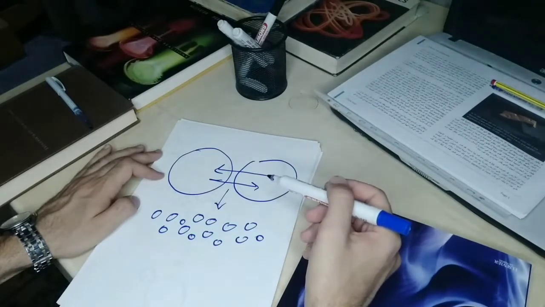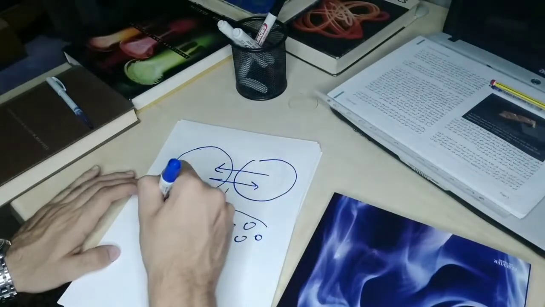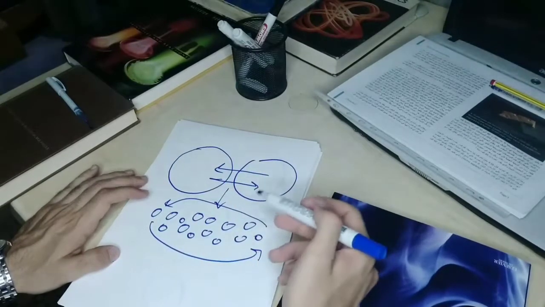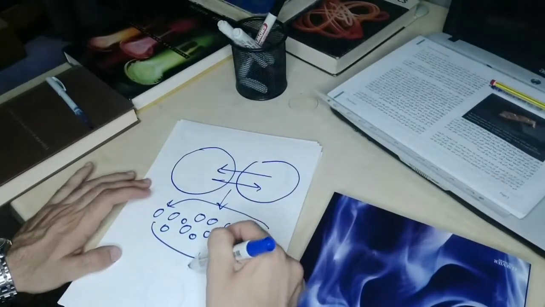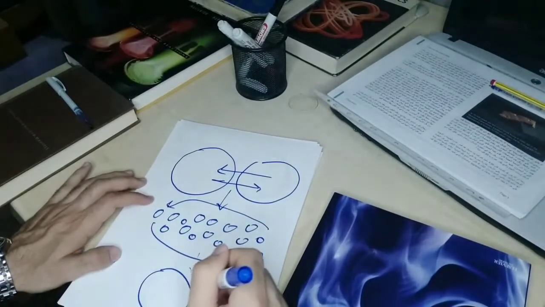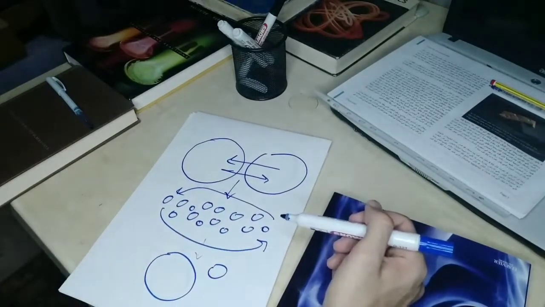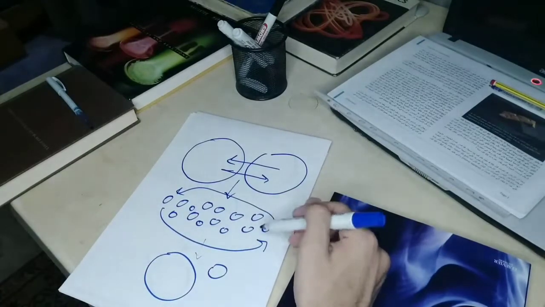Somehow this debris fused and joined together to form the Earth and its moon. This is the second theory.